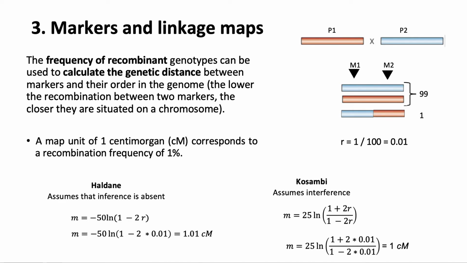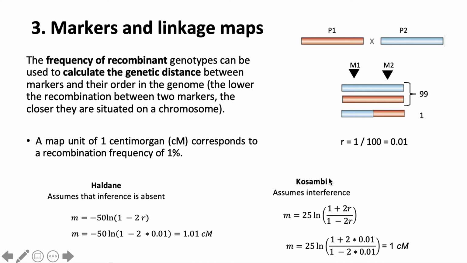The only number that you need if you are interested in using those functions is R. If we replace R with the frequency of recombination that we got in our example, you can see that the centimorgan is equal to 1.01 centimorgans. That is basically the same as I mentioned here, that the recombination frequency is equal to 1%.